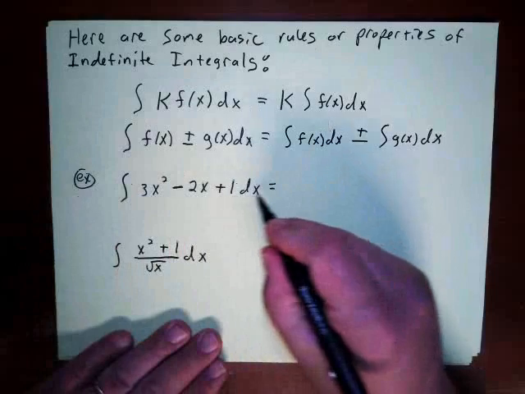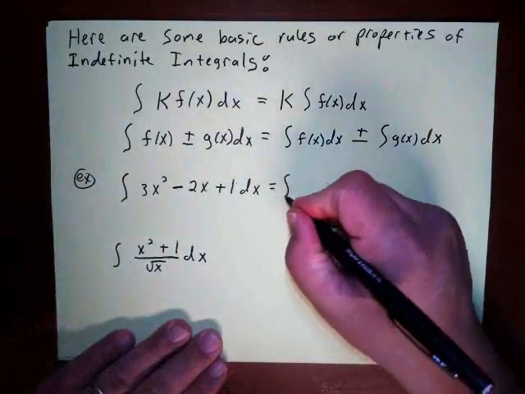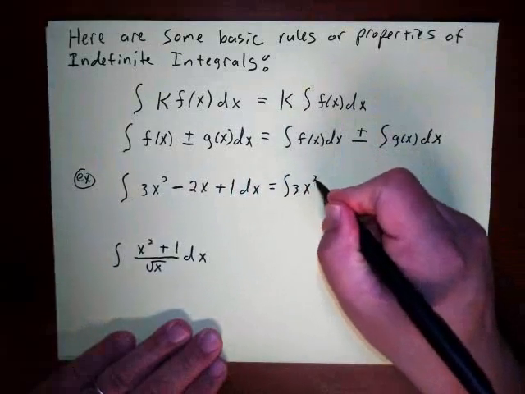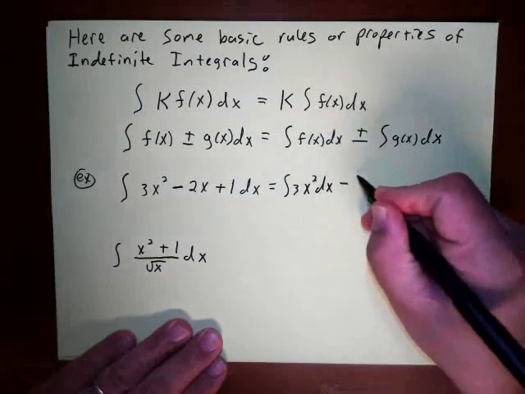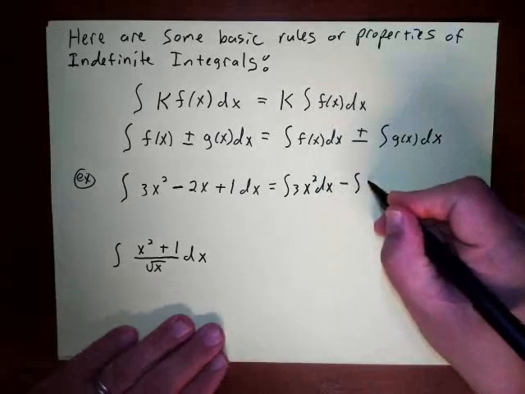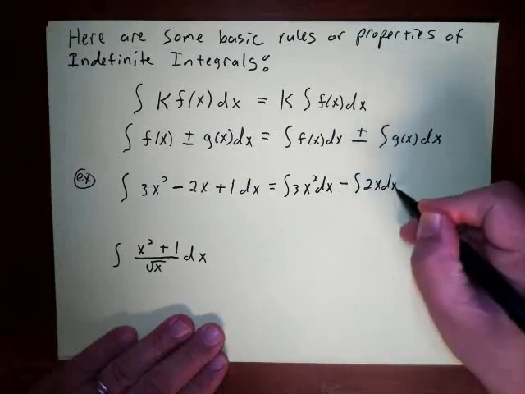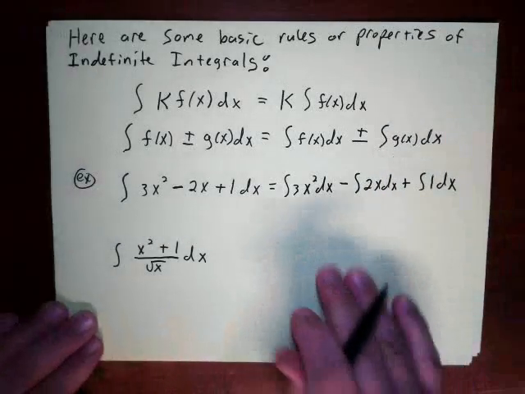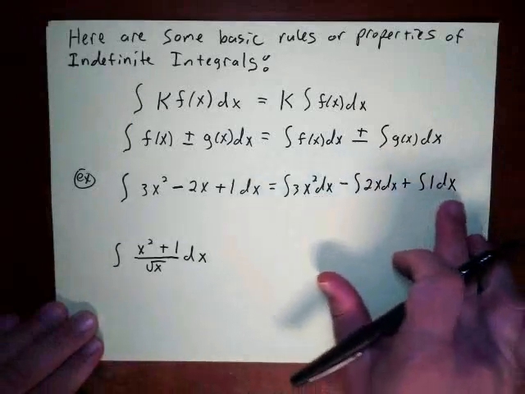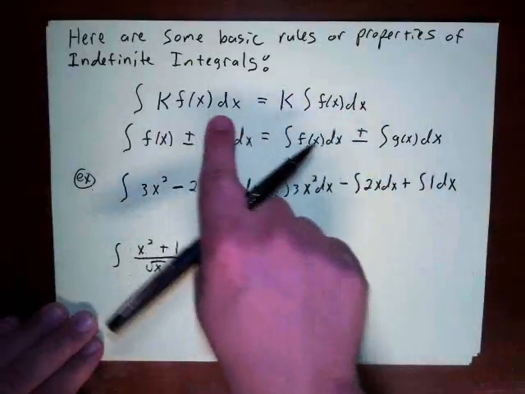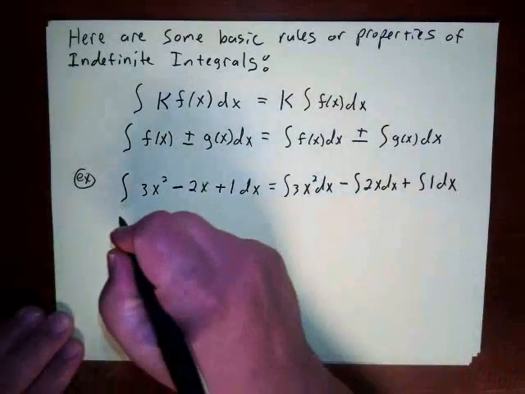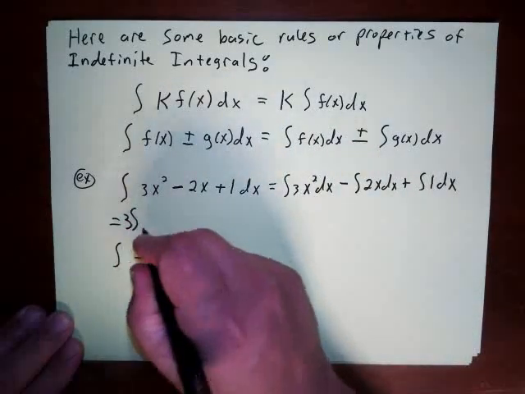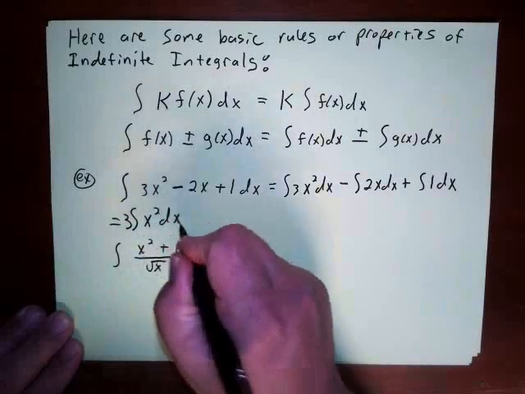So the logic here then is if I want to integrate this, the second rule says you could split this up into three different integrals. So now if I have this, the first rule here says I can pull out constant multiples. Here I'd pull the 3 out, and then I just have x squared dx.